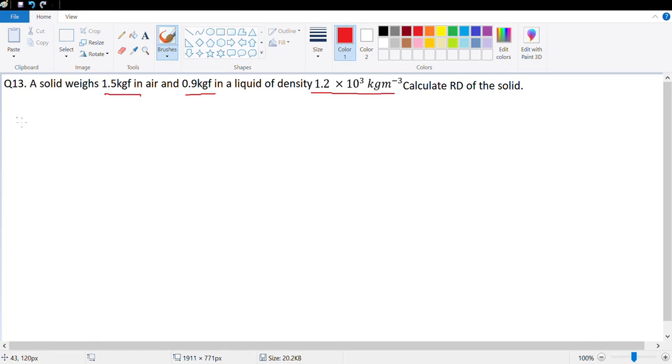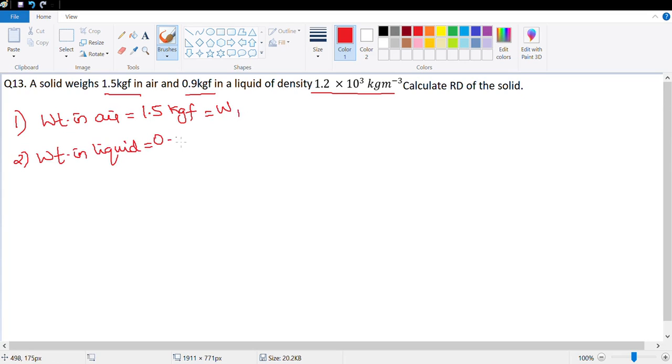Point number one, weight in air is equal to 1.5 kilogram force. Number two, let's call this W1. Weight in liquid is equal to 0.9 kilogram force. Let's call it W2.